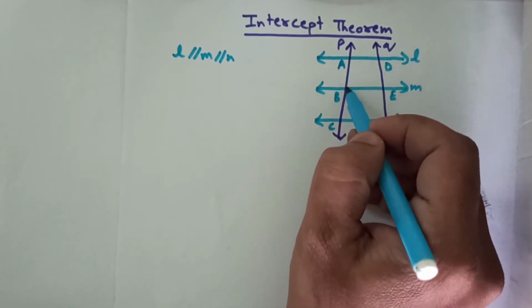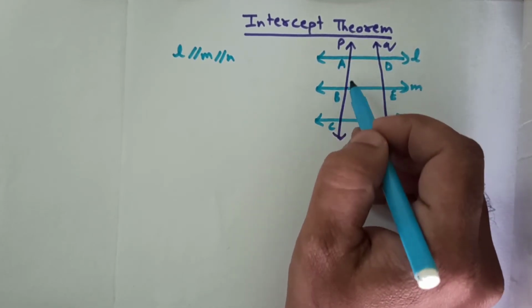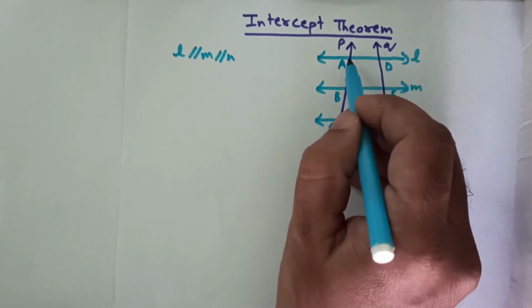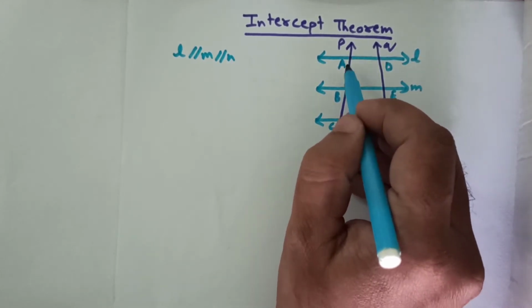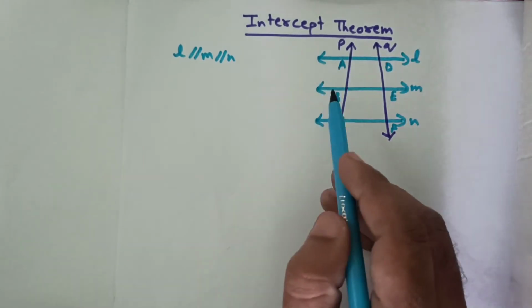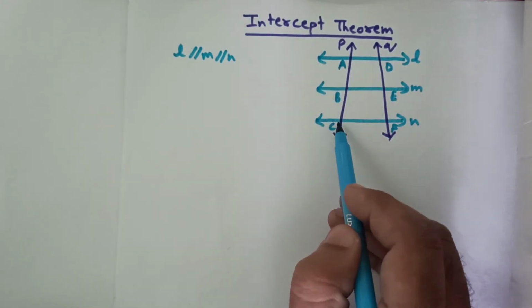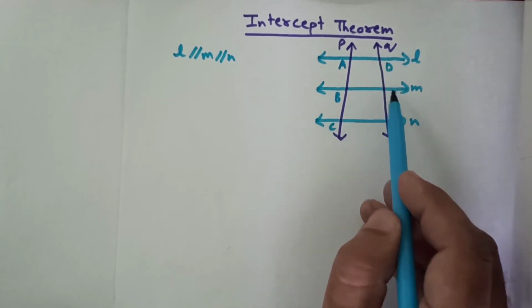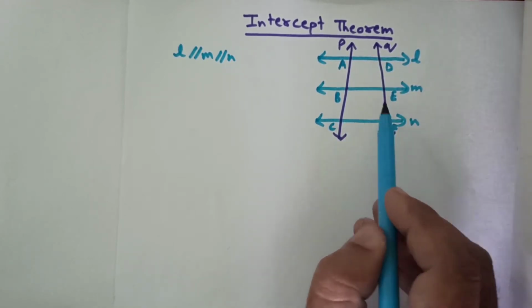This portion between the two points A and B, between the two parallel lines L and M, this line segment AB is called the intercept. Similarly, BC will also be called the intercept. DE is the intercept and EF is the intercept.